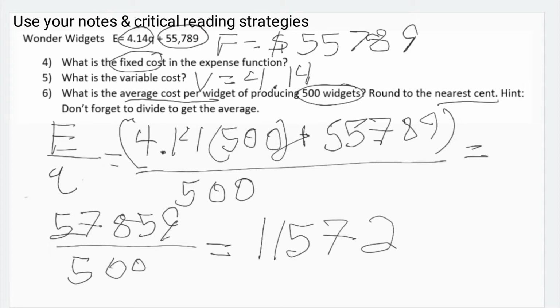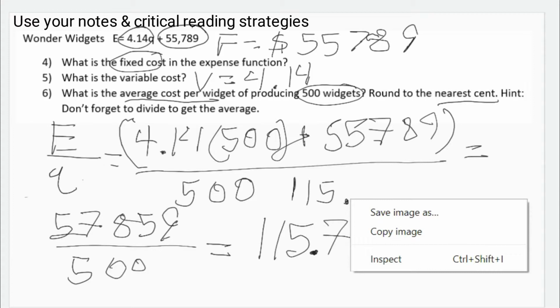You always want to double check your work, everybody. And when I double checked my work, I found that it should have been 0.72. The answer that I got, everybody, remember, is $115.72.